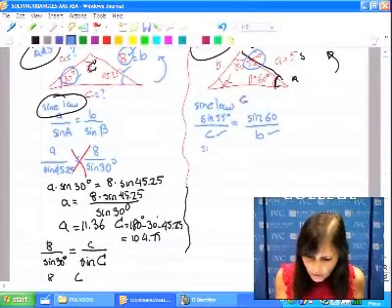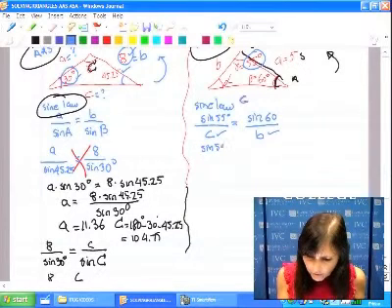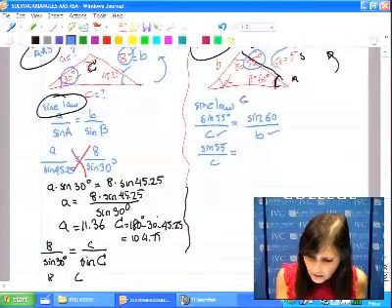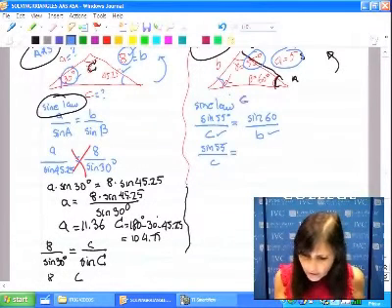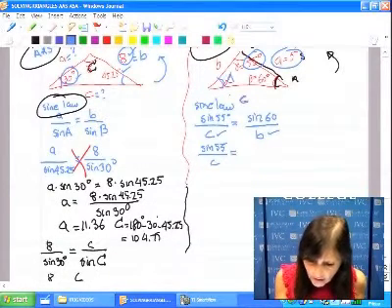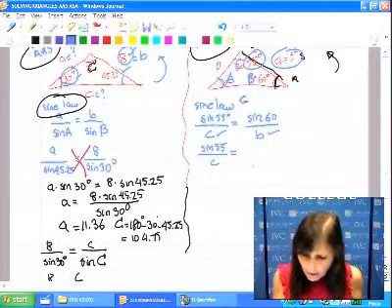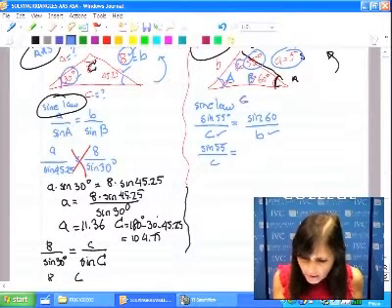So let's go once more. Sine of 55 over C. Let's use the couple that we know. Let's call this A, let's call this B, let's call this C. Then the couple that you know is going to be A.